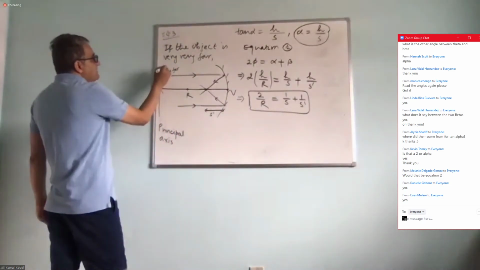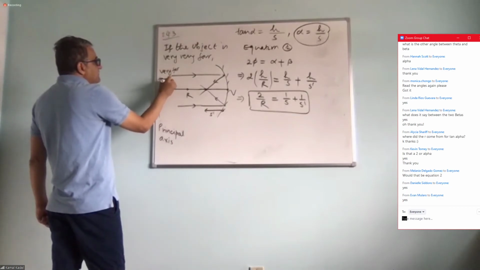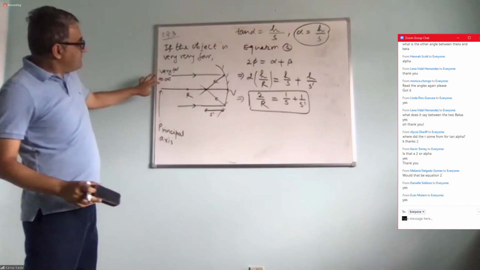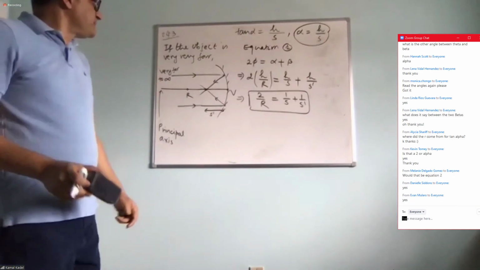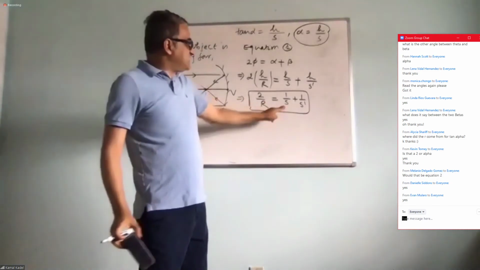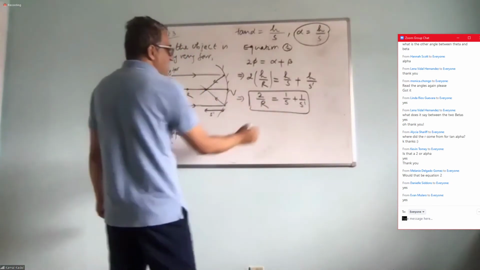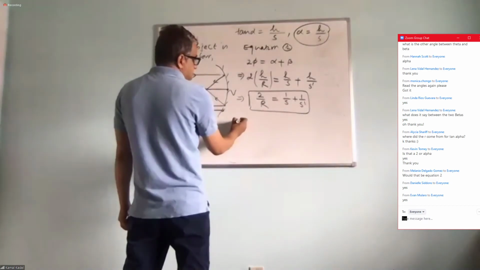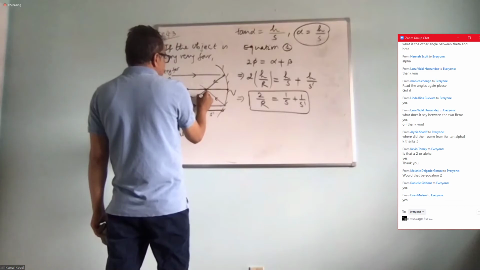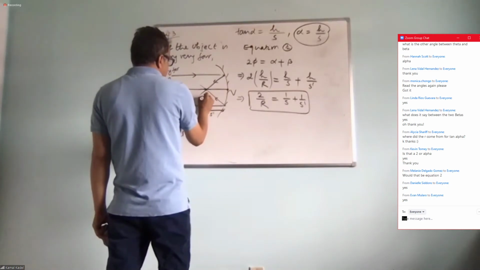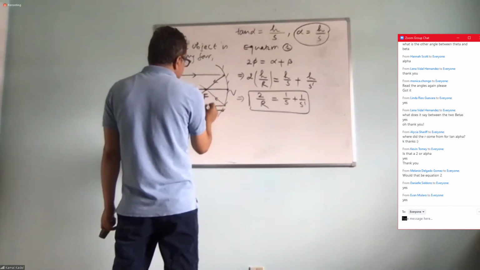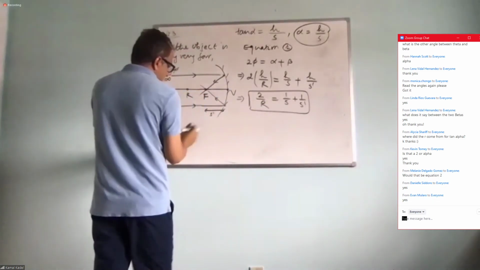Very far sometimes we say is to infinity. So if the s is infinity, then s prime will be this distance, and this point is called the focus point, and this distance is called the focal length.